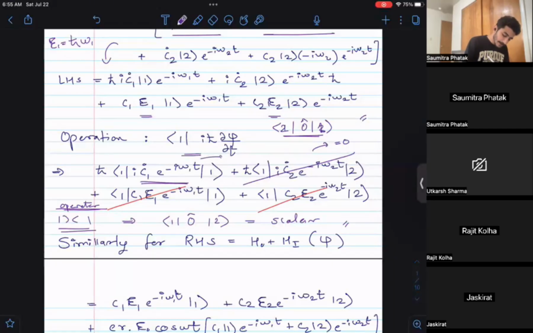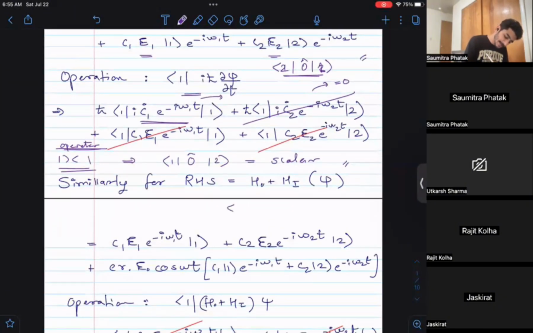Then you get a pre- and post-multiplication of the first energy eigenket, and because these are normalized, this is equal to 1, and similarly this is equal to 1, because all the energy eigenkets are orthonormal, so they are orthogonal to each other and normalized.